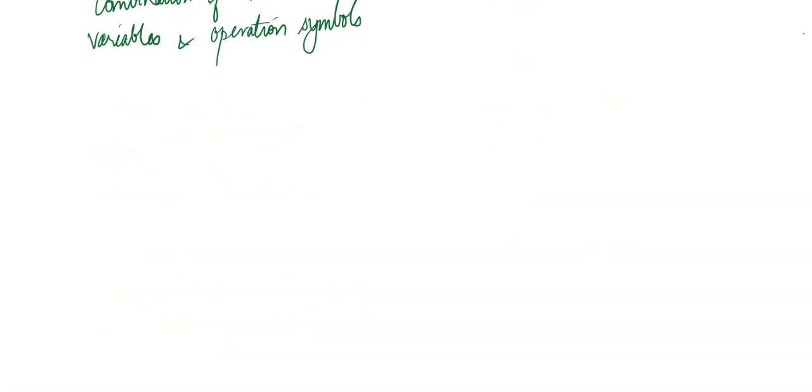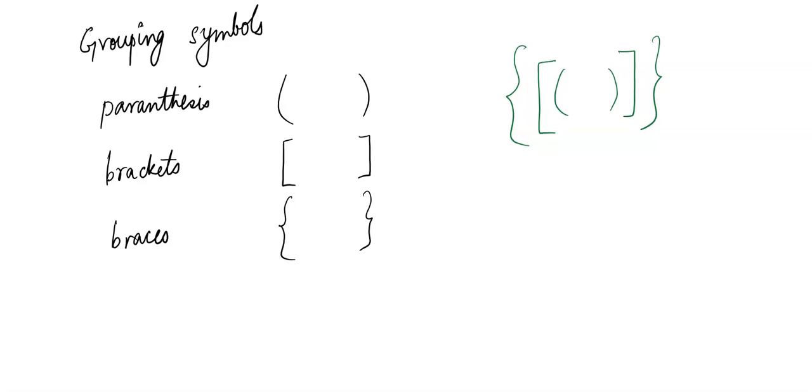Then when we talk about the language, we have something called the grouping symbols. So the parenthesis is rounded and smooth like this. Then we have the brackets, which are boxy like this. Then we have the braces, which look like the curly brackets, right? Now, when we have nested grouping symbols, that is one inside the other, this is how it looks.